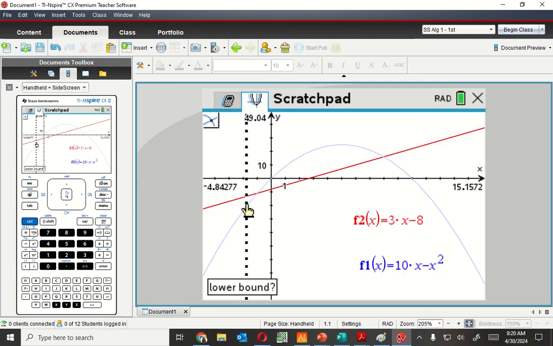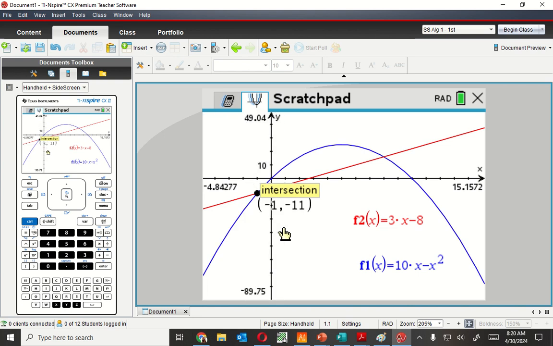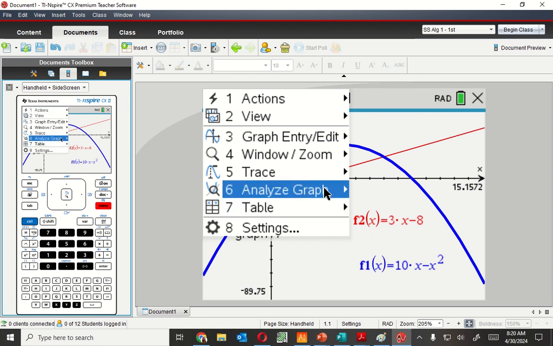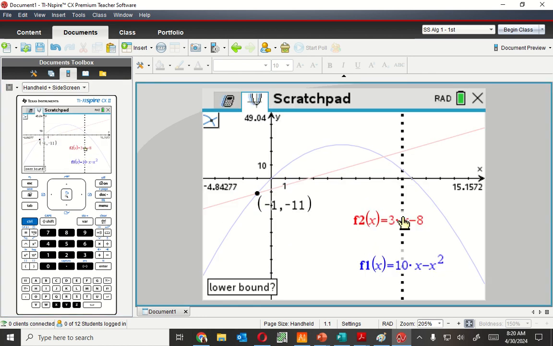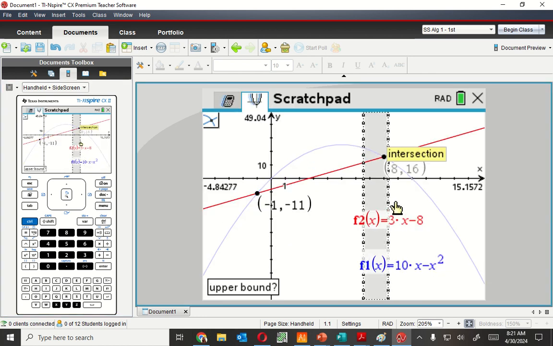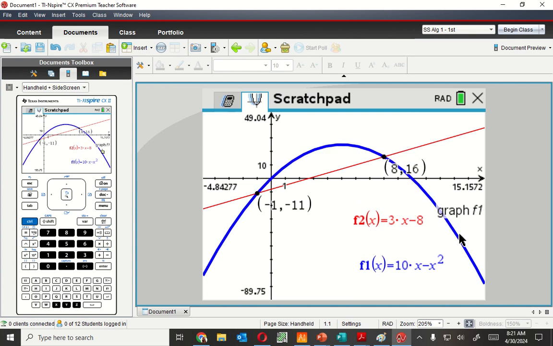So lower bound, somewhere over here, you could just move this left and right, just move to the left of where it's crossing, upper bound, and it's going to give me that coordinate. Again, menu, analyze graph, intersection. There we go. So now I'm going to write this out as my integral.